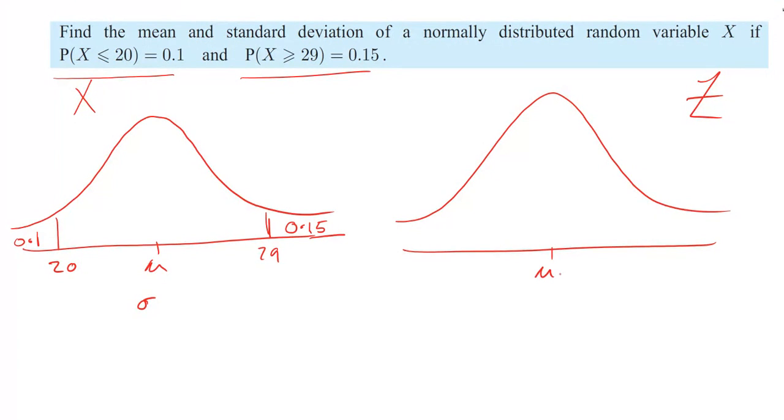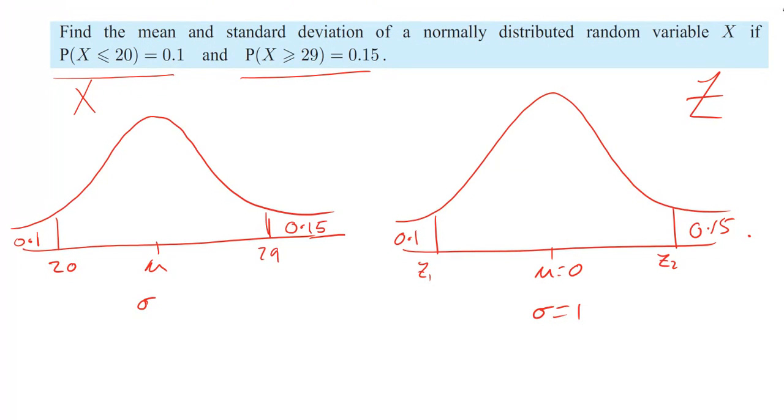where we do know the mean is 0 and the standard deviation is 1. We can work out, let's just call it Z1 for a moment, that Z1 by doing an inverse normal, and we can work out Z2 as well by doing an inverse normal. And just to be clear about this, for Z1, we know that the probability is 0.1, mean 0, standard deviation 1, tail to the left.